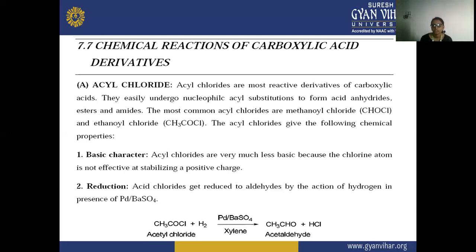Next is the reduction reaction. The acid chloride gets reduced to aldehyde by the action of hydrogen in the presence of palladium on barium sulfate. Reduction means there is the addition of hydrogen, and here the addition of hydrogen is occurring on the acid chloride in the presence of palladium, barium sulfate, and xylene.